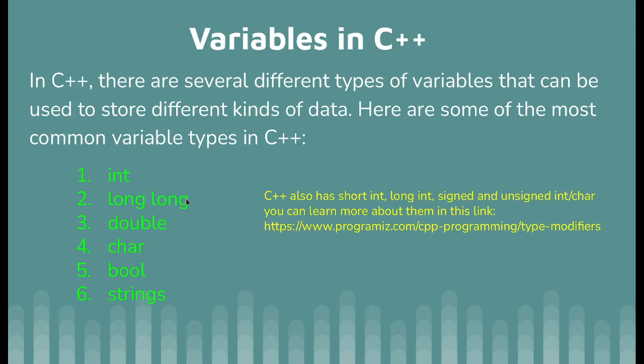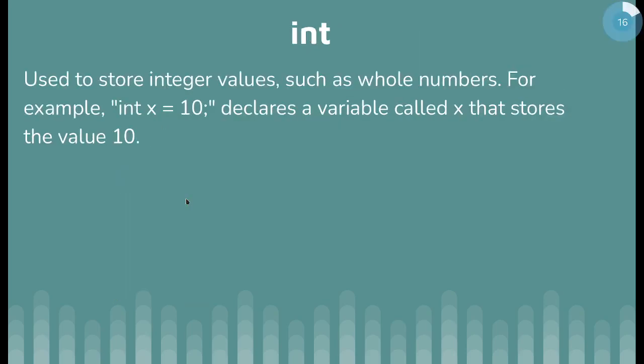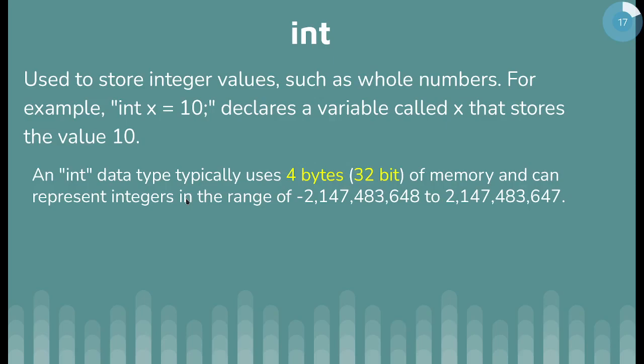We also have unsigned int and signed int. If you don't know about them, they are not important in our field, but you can go to this link and learn more about them. Int is an integer type that we use for numbers that are not very big. The int has 4 bytes, meaning 32 bits.